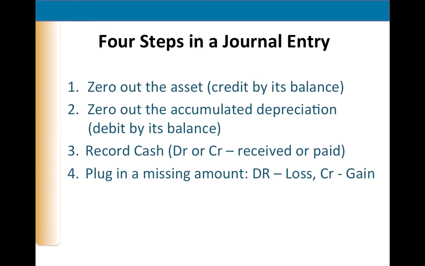So first step, I'm going to take off my books the asset. So to zero out the asset, I am going to credit the asset, the truck, by its balance to make it zero. Then I will zero out its corresponding accumulated depreciation account. So whatever my accumulated depreciation is, I'm going to debit it to make it zero.